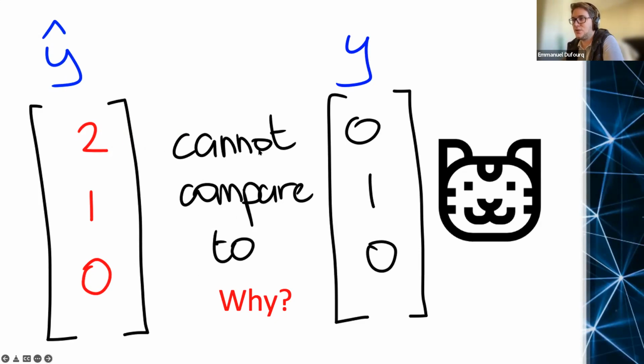And we need a smart way to compare these values. So this is what the network produced. This is what I wanted it to produce. I wanted it to produce 0, 1, 0, but it's producing 2, 1, 0. And comparing these values just by subtracting the numbers doesn't make sense.